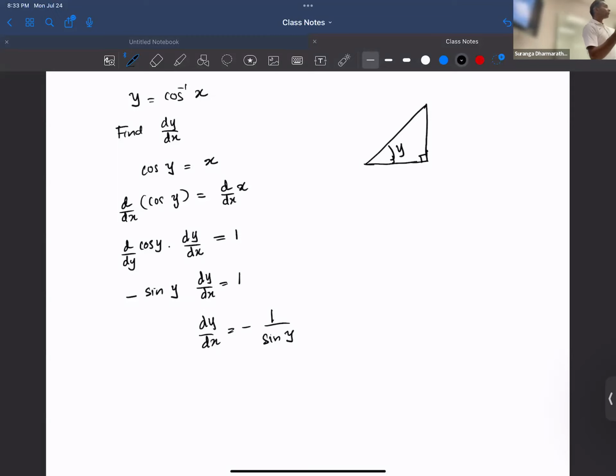What is the magnitude of the hypotenuse? 1, again 1. Good. And what is the magnitude of the opposite side? Because we need to find sine y, right? Sine y is opposite divided by hypotenuse. Do we know what the opposite side is? Is the opposite side x?